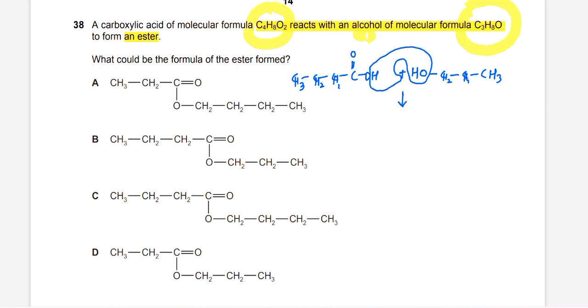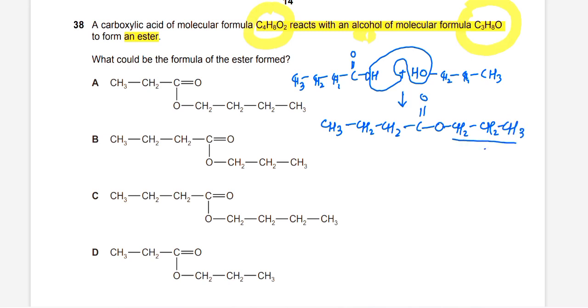What will be left is CH3, CH2, CH2, C double bond oxygen, and its bond will be with the next oxygen. This oxygen's bond with hydrogen is broken, so its bond will be with the CH2, CH2 and CH3.